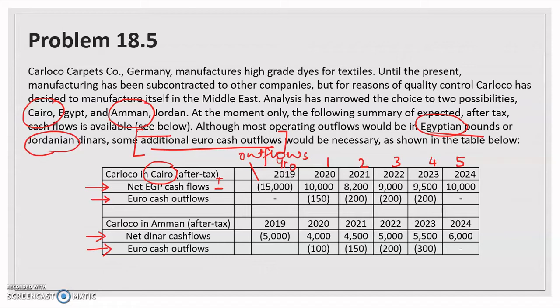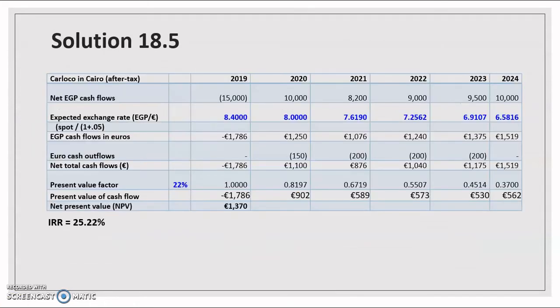So what is important is your exchange rate movement also has to continue, with the Egyptian pound appreciating every year all the way up to 5 years and the Jordanian dinar depreciating by 3% all the way up to 5 years again. It's a fairly simple pro forma.